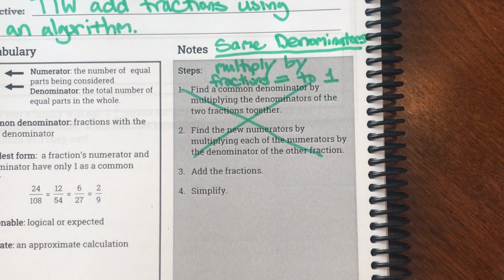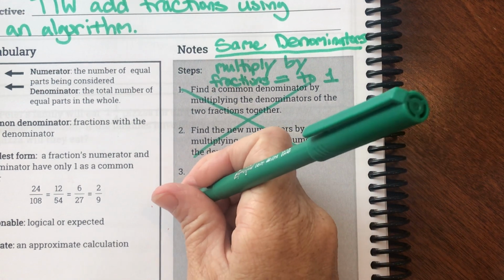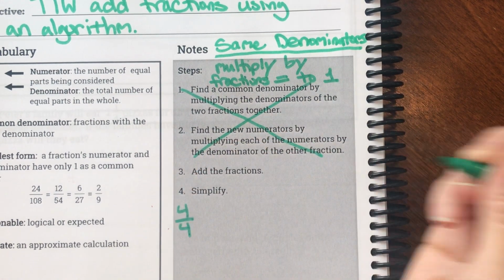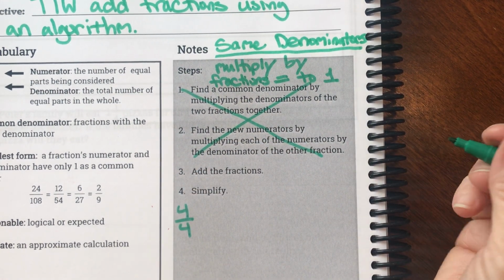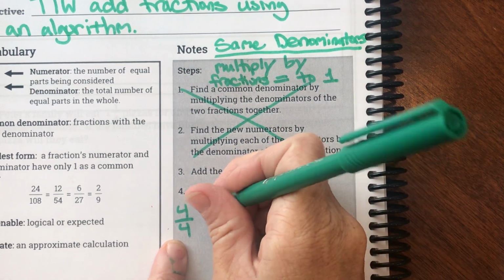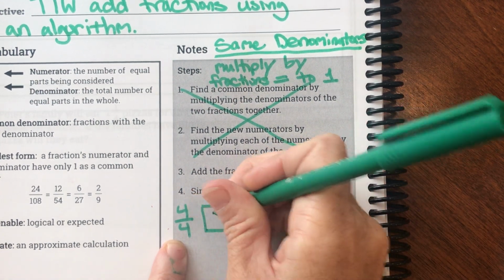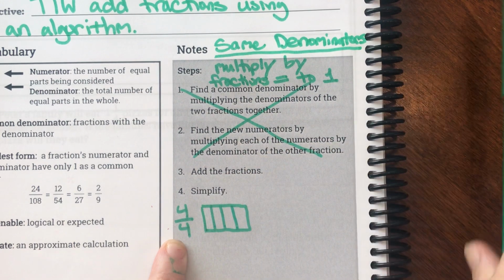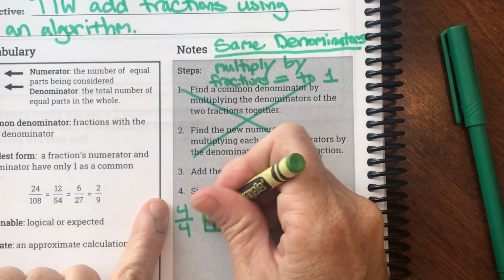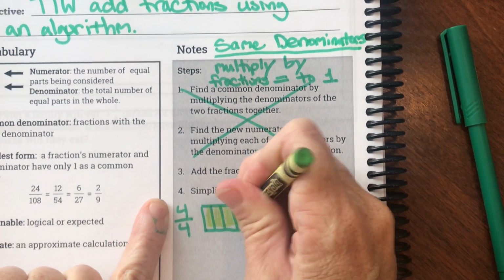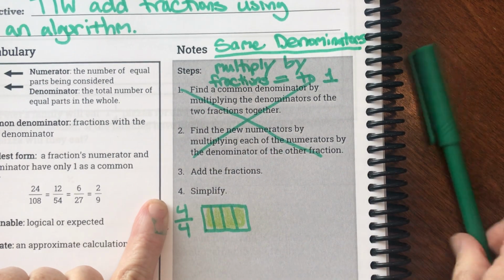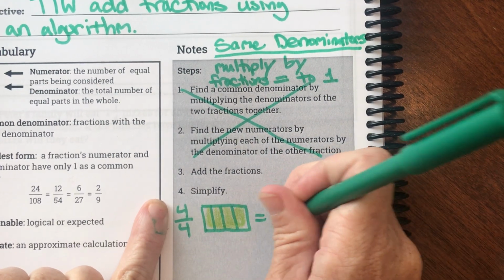Well, fractions that are equal to 1 mean the numerator and the denominator are the same. So a fraction that's equal to 1 is 4/4. The reason it's equal to 1 is the denominator tells me it was cut into 4 slices, and the numerator tells me I have 4 slices. So it is the same as 1.